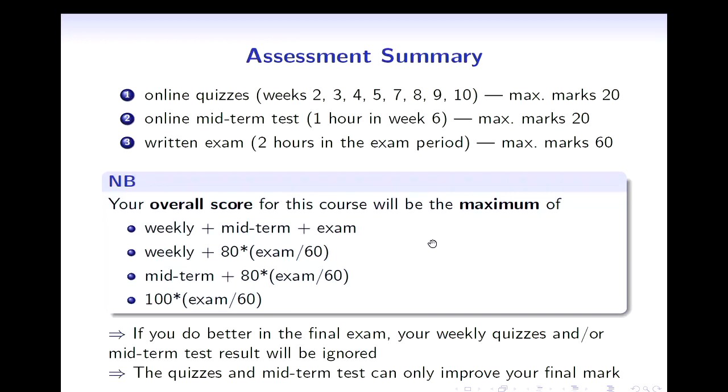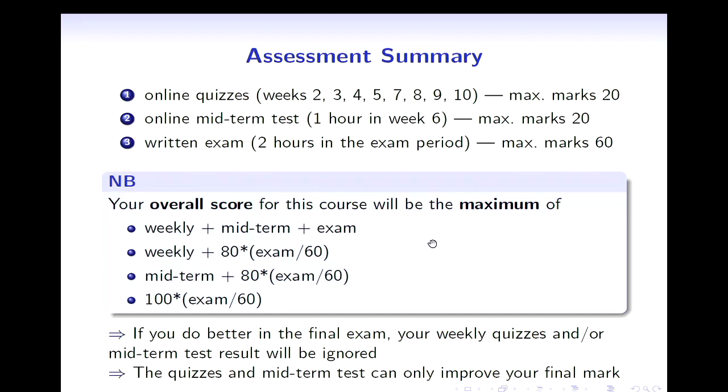Either I'm going to add up your results for the weekly quizzes, the midterm and the exam, or I will take any of the other expressions, including the 100 times exam divided by 60, which means that I will scale up the exam mark in case your exam is better than the weekly and/or the midterm result.